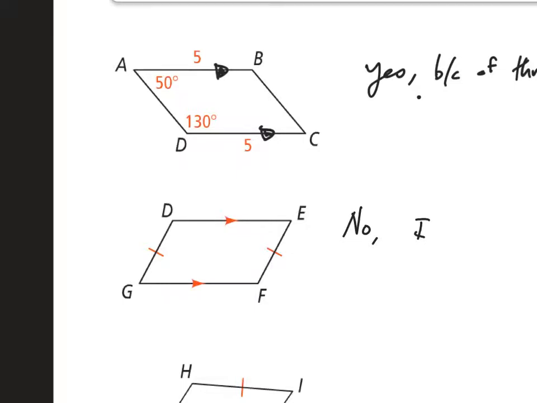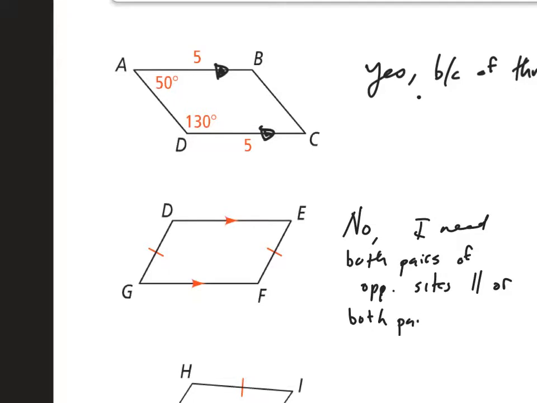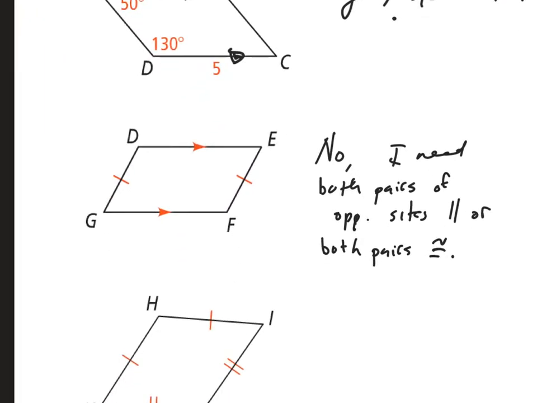I need both pairs of opposite sides parallel, or both pairs congruent, or one pair congruent and parallel. I don't have that here.